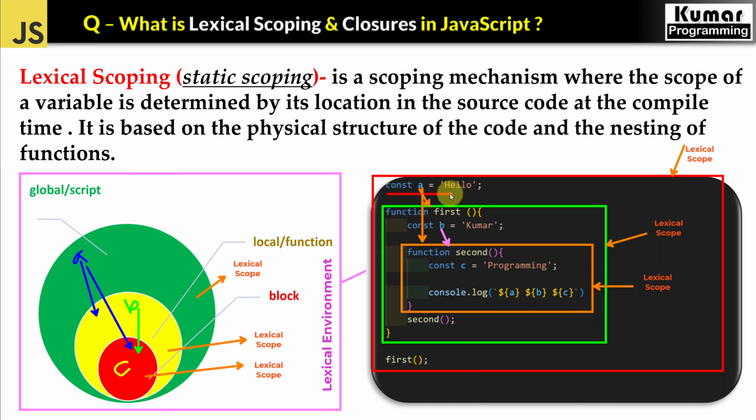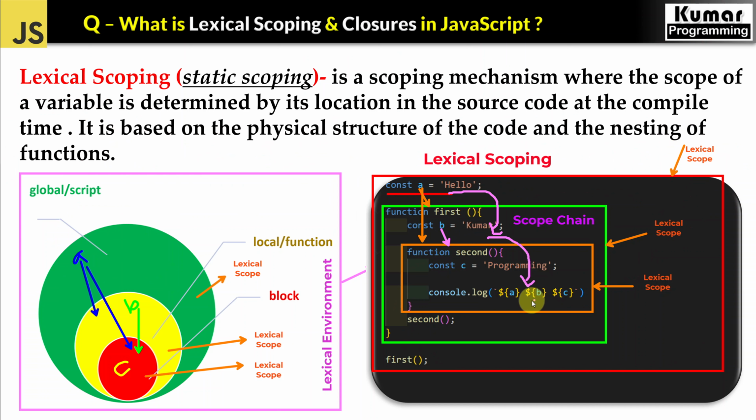So the variable scope is only flowing from top to bottom, from parent to child. Okay, so that is known as a scope chain, and these scopes are known as lexical scopes, and these variable scopes are determined on the basis of their position where exactly they have been declared, and that mechanism is known as lexical scoping, right?